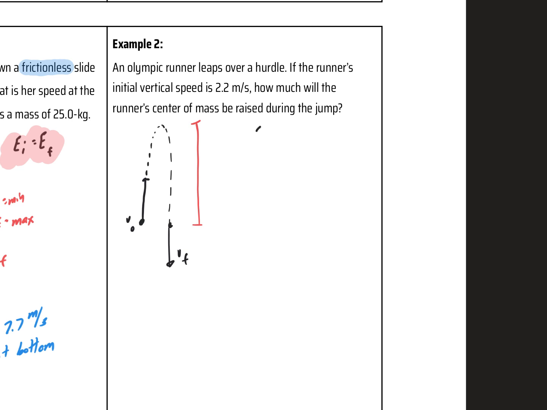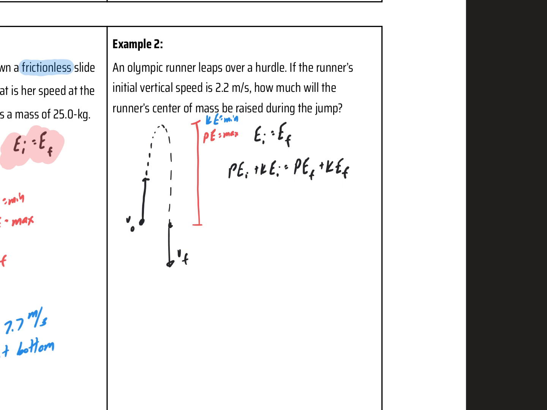So once again, the initial energy is equal to the final energy. So the potential energy on the initial side plus the kinetic energy on the initial side is equal to everything on the final side. As the person jumps, at the very top, the kinetic energy should be at a minimum and the potential energy will be at a maximum.